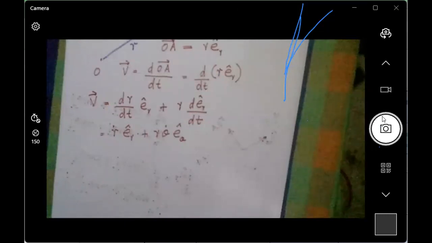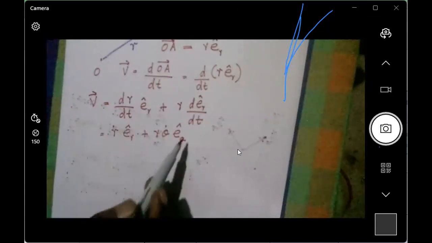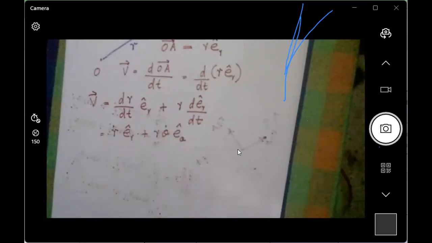Is our equation correct? Because you are familiar with circular motion. So r is constant, this is 0. You are only going to be left with this part. Is it okay with your knowledge?